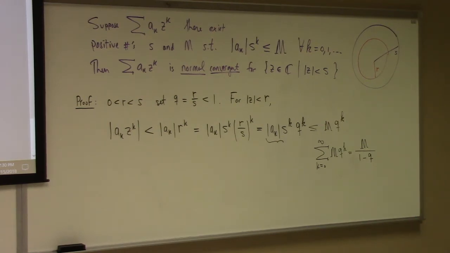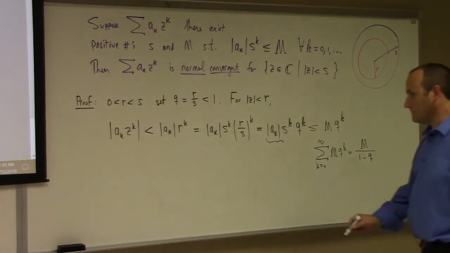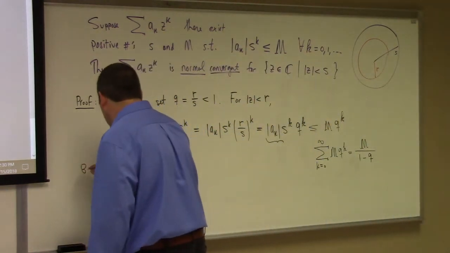Which z are those? Well, any z less than r. So we've just proved uniform convergence on the closed subdisk of radius r, which is what we set out to do. Since r is arbitrary, this gives us normal convergence. Does that make sense? So by Weierstrass m-test, we're done.